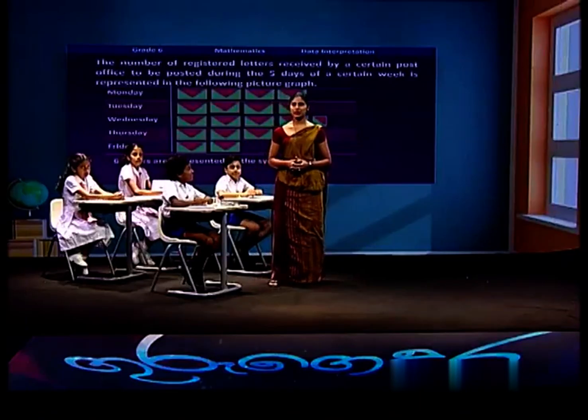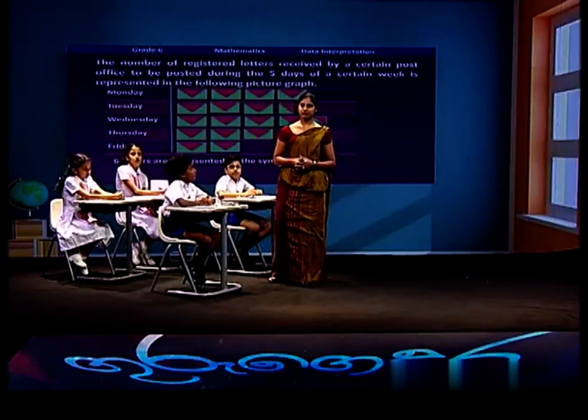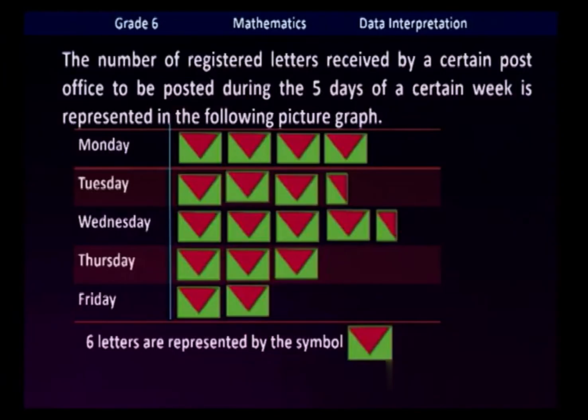Okay, we move to another question now. The number of registered letters received by a certain post office to be posted during the 5 days of a certain week is represented in the following picture graph. Here you can see from Monday to Friday, this is the way the letters were received by the post office.